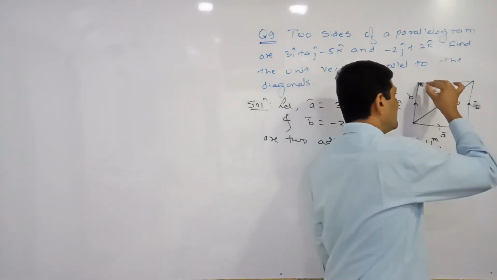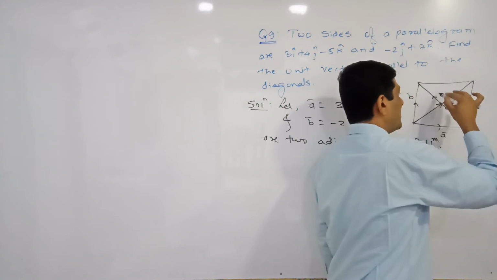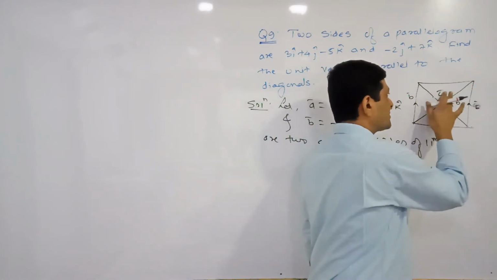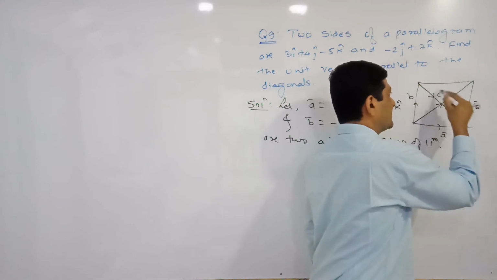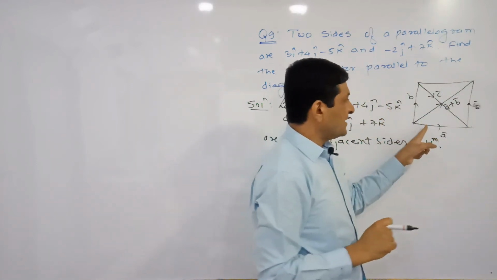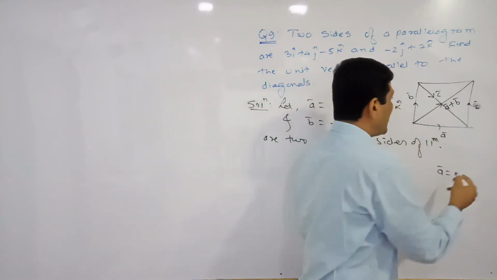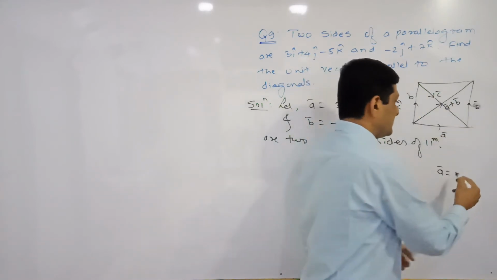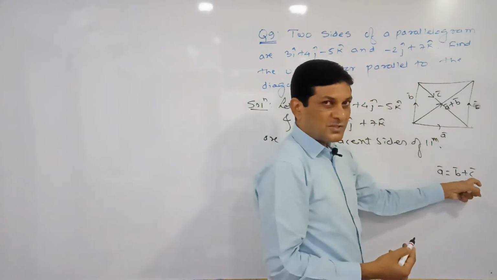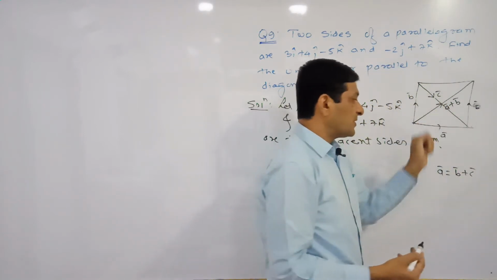Now let us denote the other diagonal by C bar. We are trying to find the value of C bar. In this triangle, A bar will be equal to B bar plus C bar. Our aim is to find C bar, because we have denoted the diagonal by C bar.